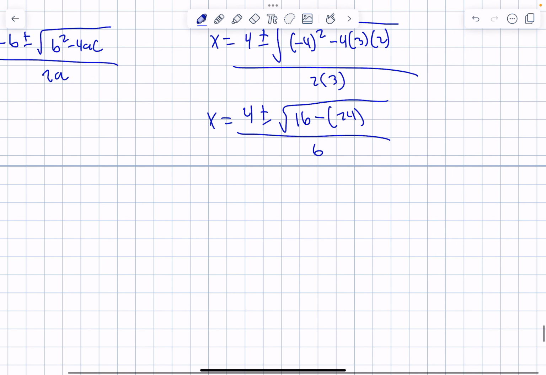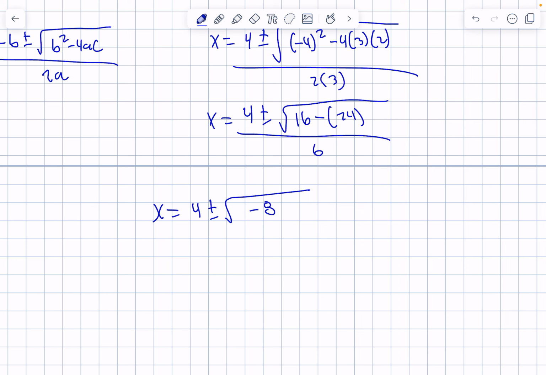Let's clean it up. X is equal to 4 plus and minus the square root of 16 minus 24 becomes what? Negative 8. Oh my goodness, what is happening? We have a negative inside the square root. We've always talked about how we shouldn't have that, right? We can't have the square root of a negative because we're going to get what? An imaginary number, right?